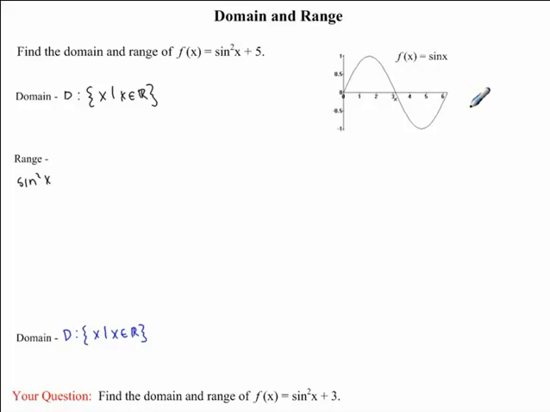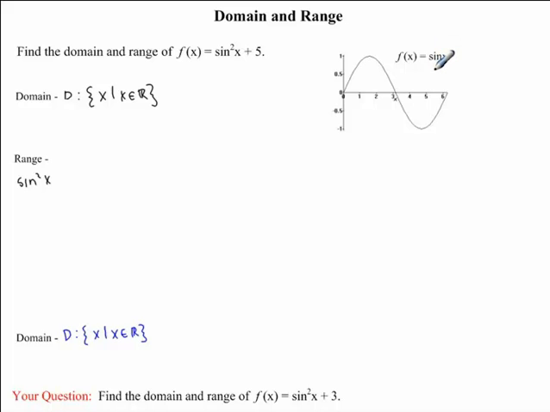Now let's consider our minimum value. For our sine x graph, our minimum value occurs at negative 1. Multiplying negative 1 by itself will give us positive 1. So we're probably going to have a different minimum value for our graph of y equals sine squared x equation.